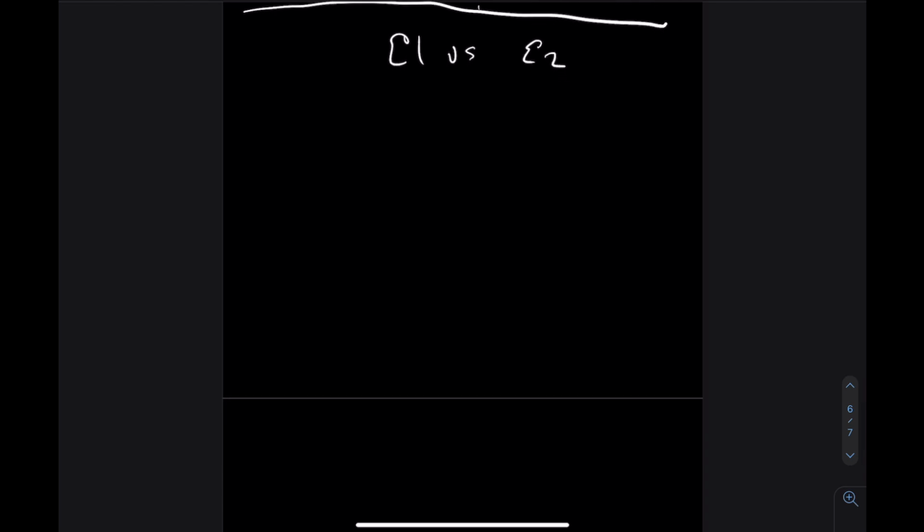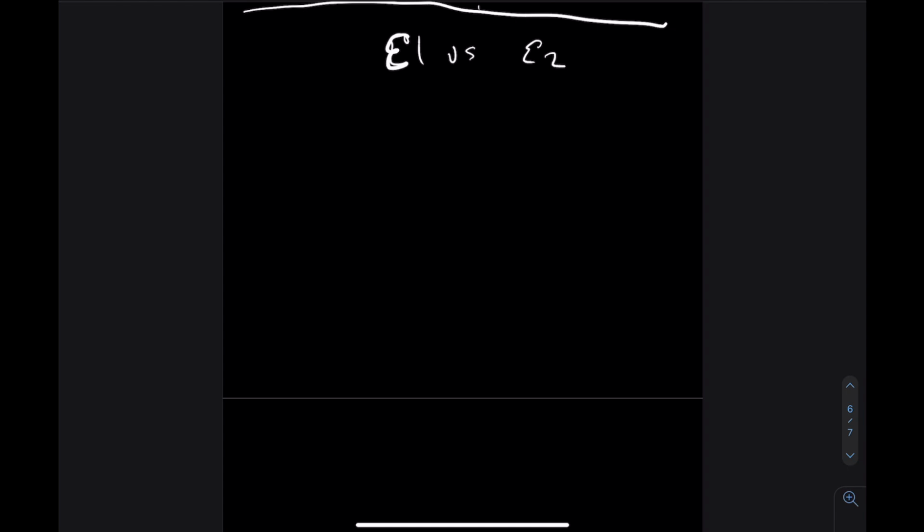And Zaitsev's rule says that more substituted alkenes are favored. I introduced Zaitsev in E1, but Zaitsev's rule basically works in E2 as well.